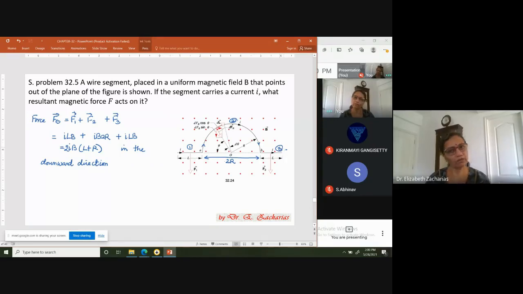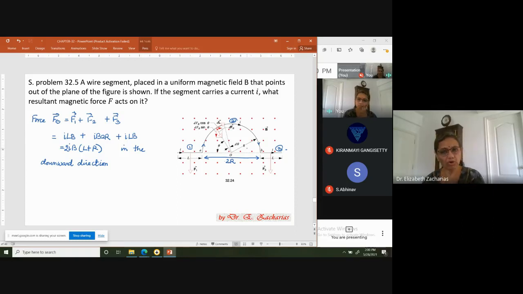The only thing given is that there are three sections of the wire: one, which is a straight portion, two, which is a semicircular portion, and three, which is a straight wire again. R is given as the radius of the semicircle, and you have to find the net force.